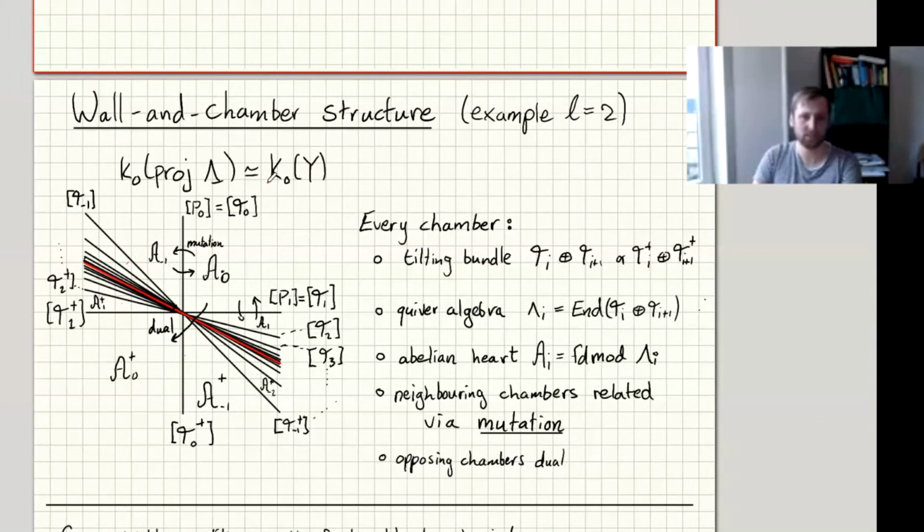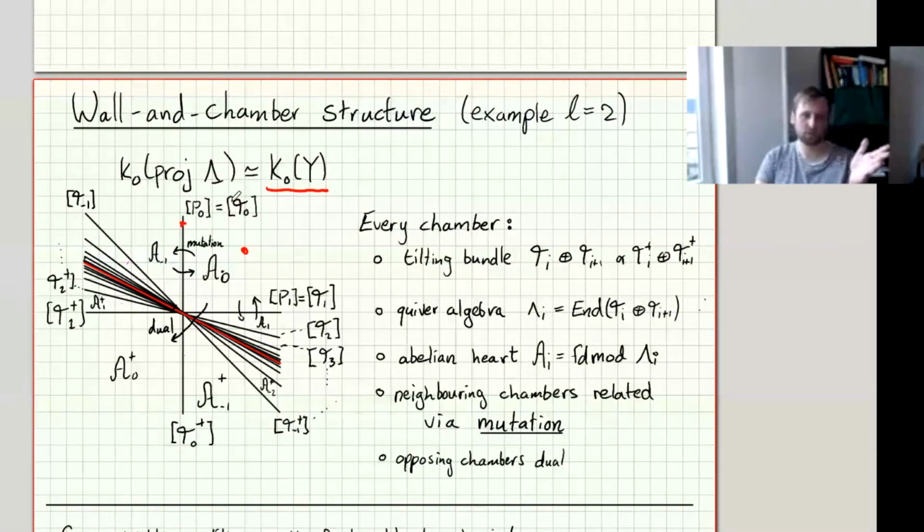So this picture is the K-theory of Y, or the K0 of the perfect complexes. And it gives you chambers and walls.